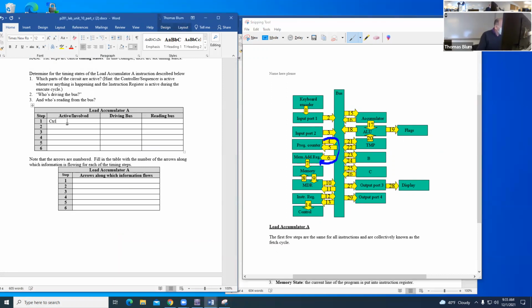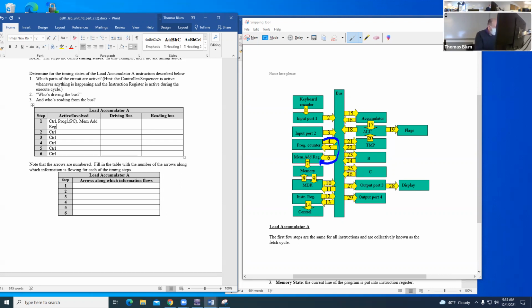First I say control is always involved. And then I say in this first step, also involved is the program counter, which I'll sometimes call PC, and the memory address register, which I'll sometimes call the MAR. And so then I ask the question, who's driving the bus? Who's putting the value on the bus? That was the program counter. And who's taking the value off the bus? That's the memory address register. So that was step 1.